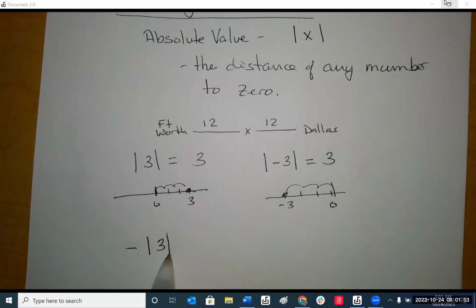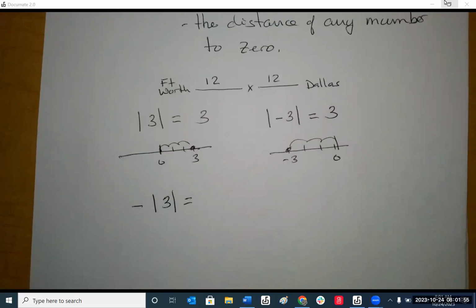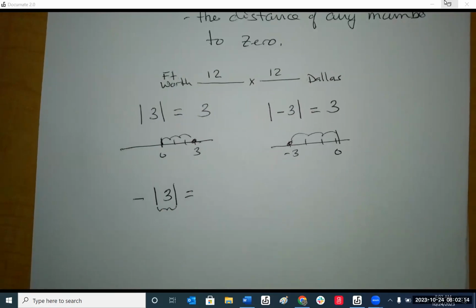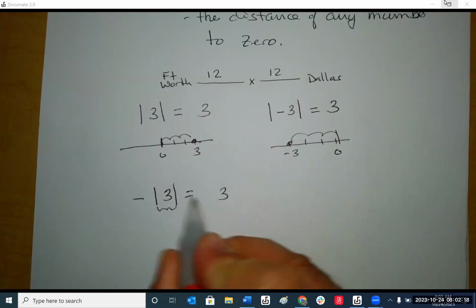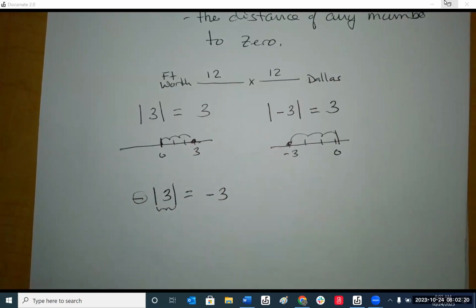But what about this? What's that going to be? No. Order of operations. Absolute values is a special operation. So we find the absolute value of 3, which is 3, and the negative stays up in front. So the answer is negative 3.